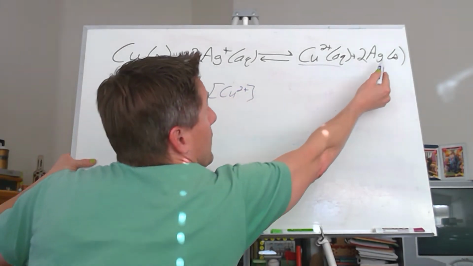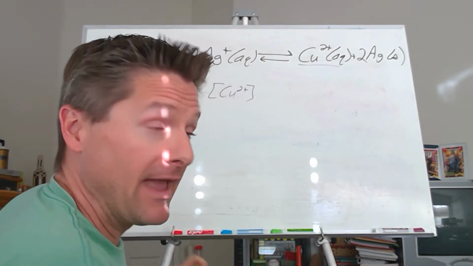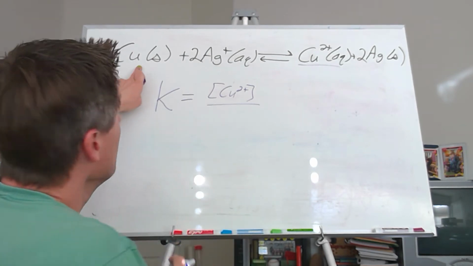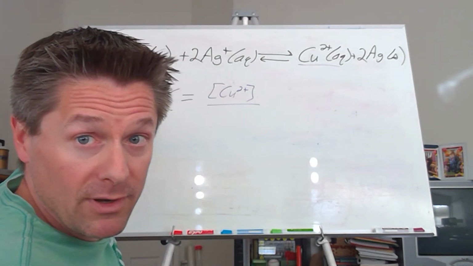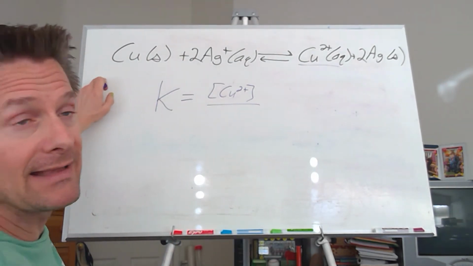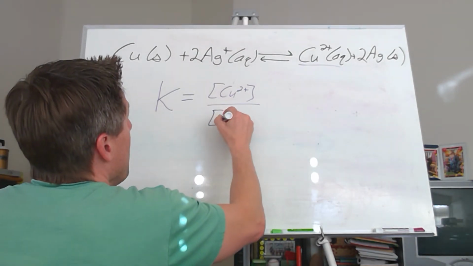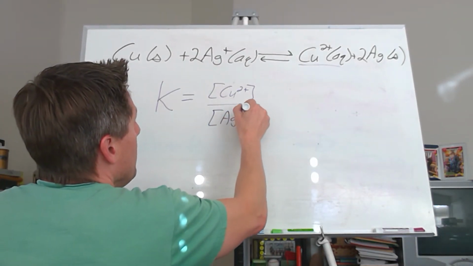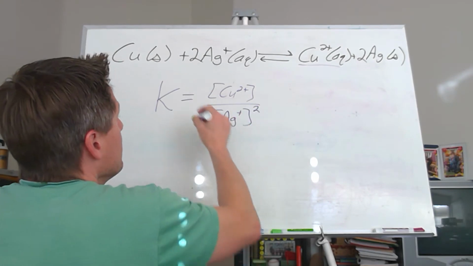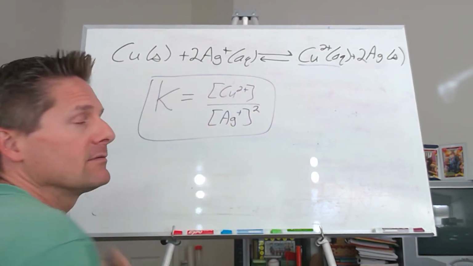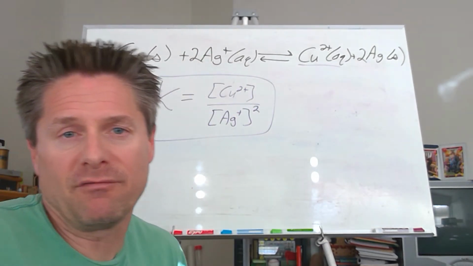And then we don't include the silver because it's in the solid phase, assumed to be constant. We're not going to include the copper here because it's in the solid phase. We're assuming that's constant. But we're going to put in the denominator the silver 1 ion squared. So that would be the equilibrium expression for that.